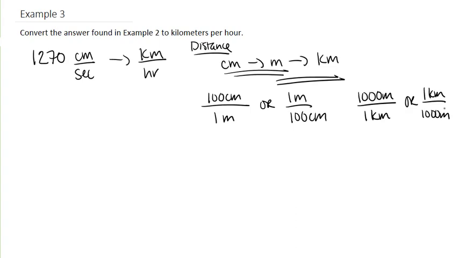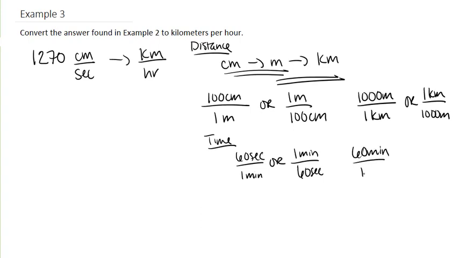So these are conversions we will use for distance, and then for time we're going to use our 60 seconds over 1 minute, or 1 minute to every 60 seconds. And then we need to go from minutes to hours, so we have 60 minutes per 1 hour, or we're going to use 1 hour over 60 minutes.